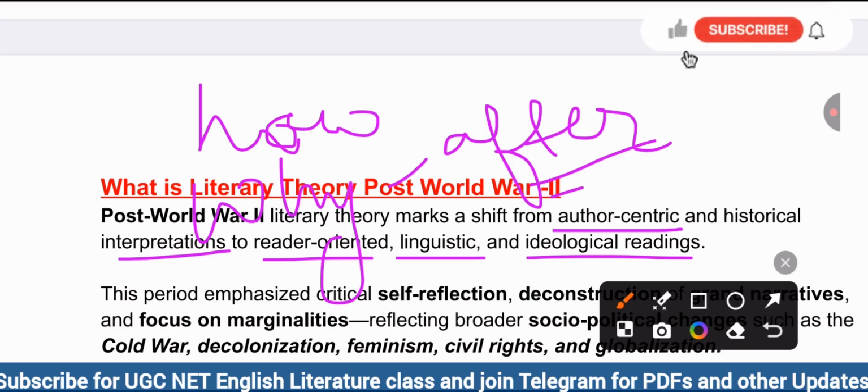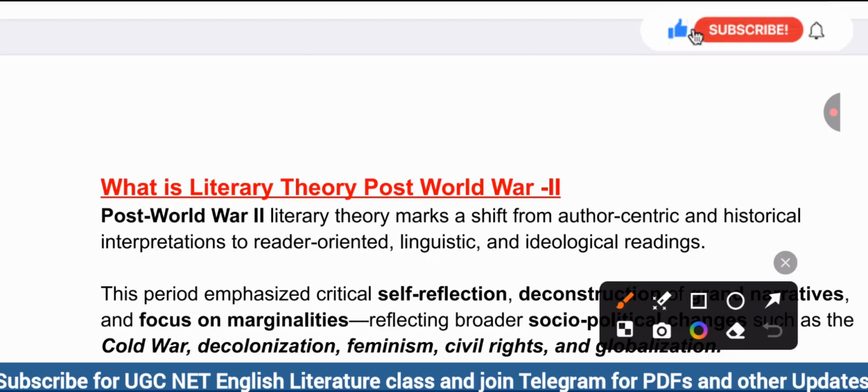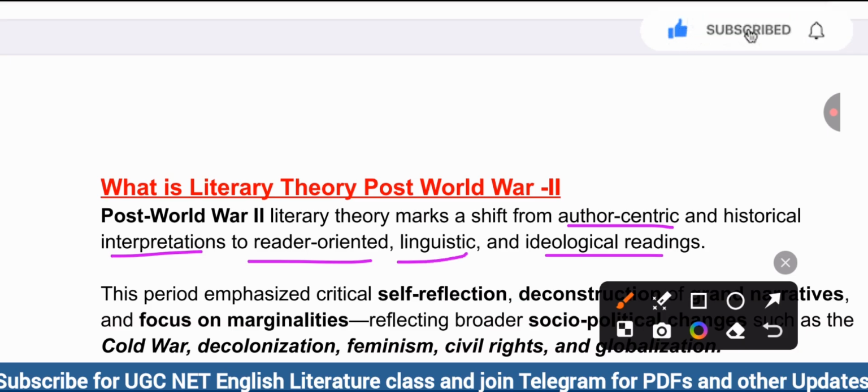So stay tuned. Post-World War, literary theory has shifted from author-centric and historical interpretations to reader-oriented, the way we know reader response theory; linguistic, how language works in literature; and ideological readings from Marxism, how ideology works, and other theorists we will study in post-World War II.